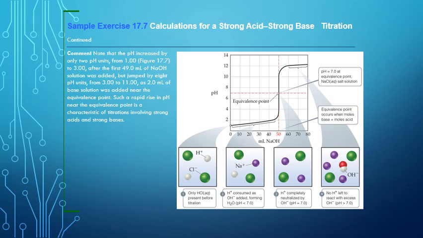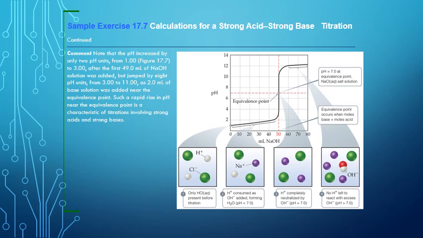So you can see here in the diagram, again, same type of concept. As we are approaching that equivalence point, you have the H plus and the Cl minus initially. You have the Na plus being added in, OH minus being neutralized. We have exactly 7 for the pH at the equivalence point, no H plus in solution. So again, we're getting really, really minute amounts.